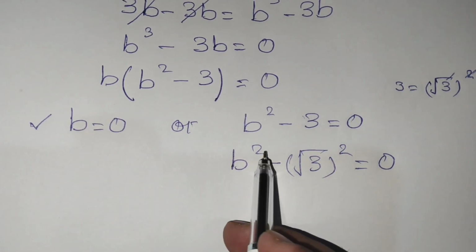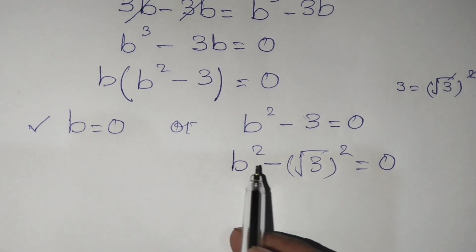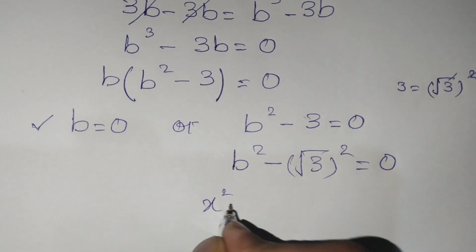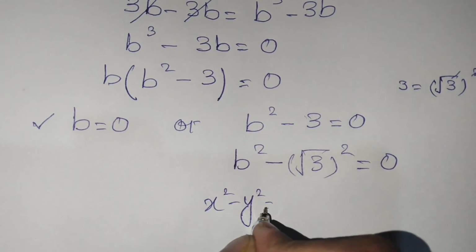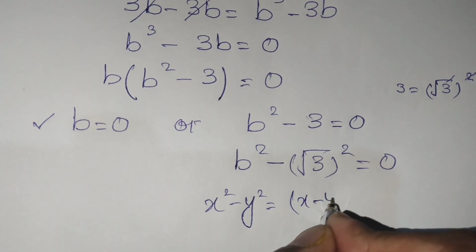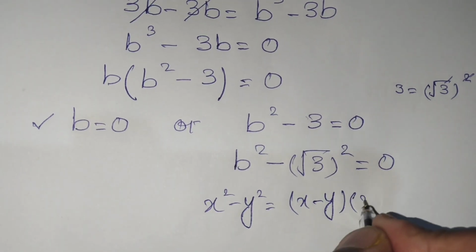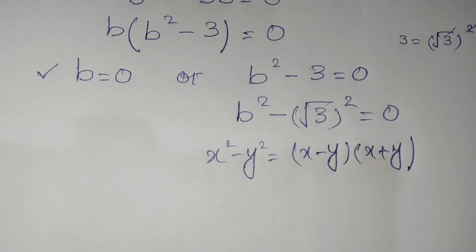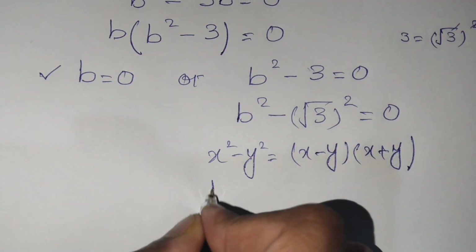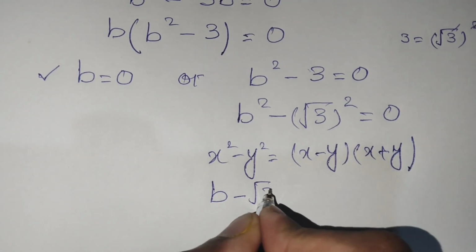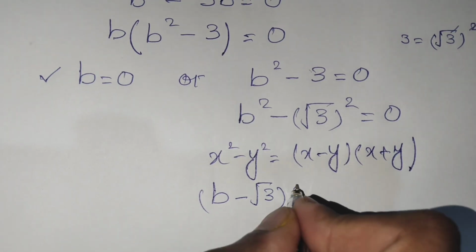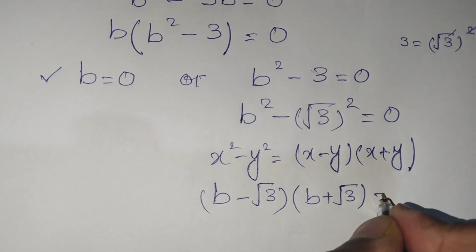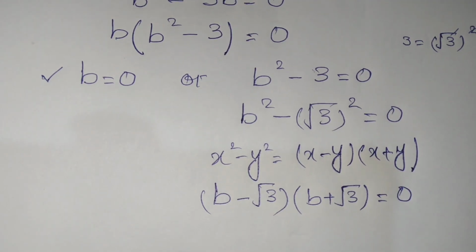This is x square minus y square. What is x square minus y square? It is x minus y times x plus y. So it will be b minus square root of 3 times b plus square root of 3 equal to 0.